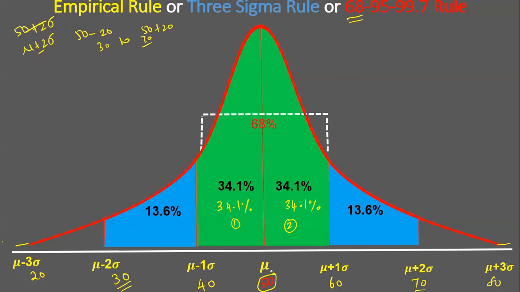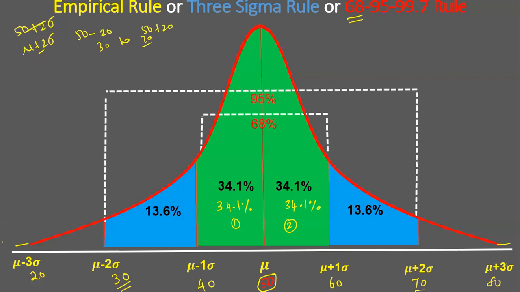Now, mu plus or minus 2 standard deviation, that means from 30 to 70, it is nothing but 95%. So 95% will score between 30 to 70.